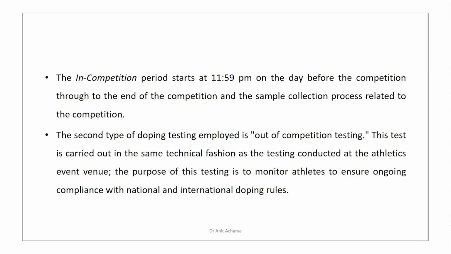So in in-competition events, the athletes are randomly notified. The in-competition period starts at 11:59 p.m. on the day before the competition through to the end of the competition, and the sample collection process related to the competition.